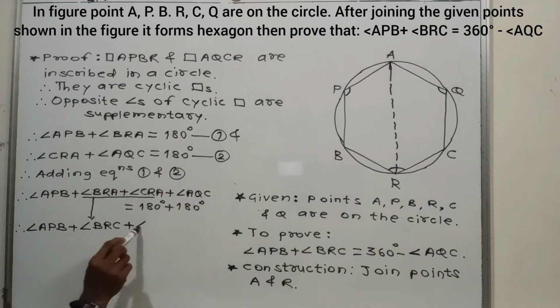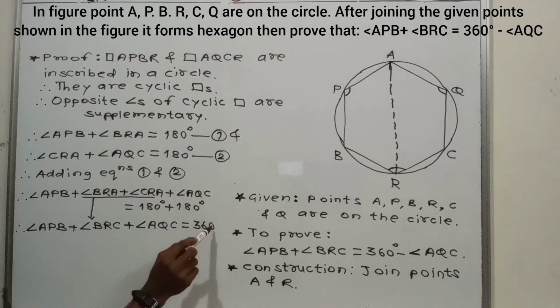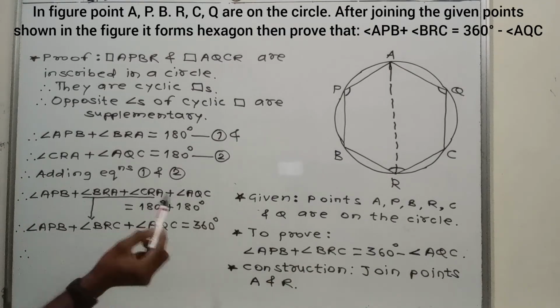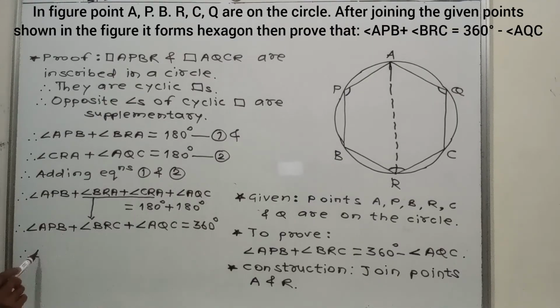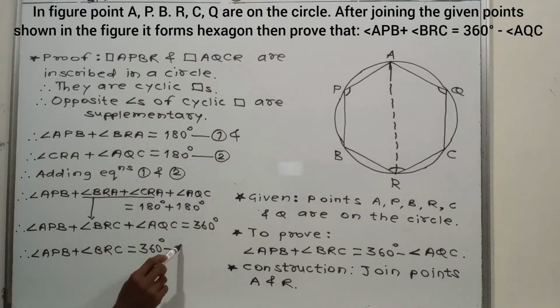Plus angle AQC is equal to 360 degree, 180 degree plus 180 degree. Therefore, we obtain our to prove by taking angle AQC to the right side. Therefore, angle APB plus angle BRC is equal to 360 degree minus, this plus becomes minus, angle AQC. This is our to prove.